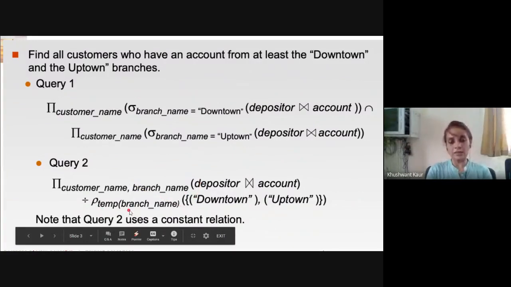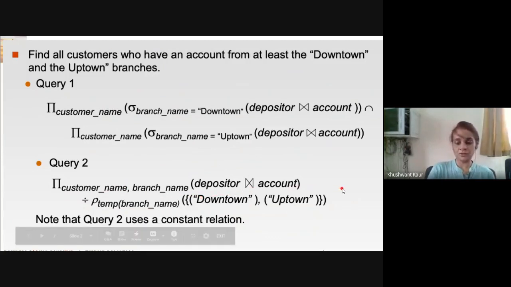Here it says branch name may be either downtown or uptown, and the results of these have been stored in a temporary relation, and we have used the rho operation, that is the rename operation, to specify this. And then here we say by customer name, branch name, we are selecting by applying the join condition.